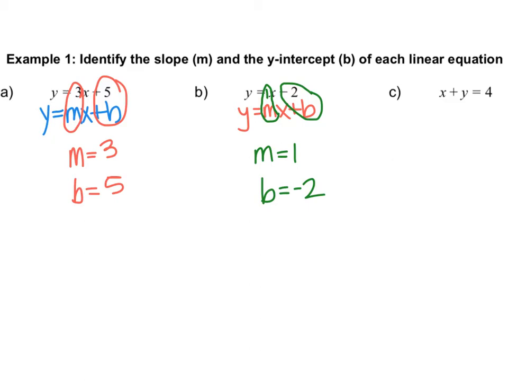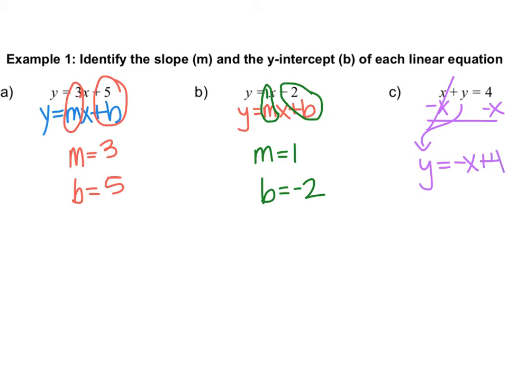Now, if I take y equals mx plus b, and I write it underneath this one, well, this does not match. So this equation is not in slope-intercept form, so that has to be changed first. So in order to do that, I'm going to subtract x from both sides of the equation. So these x's cancel out. I'm left with y equals, and I'm going to move the x first.